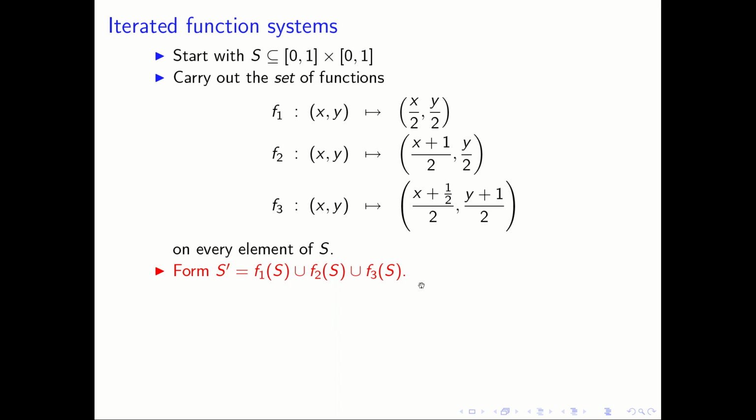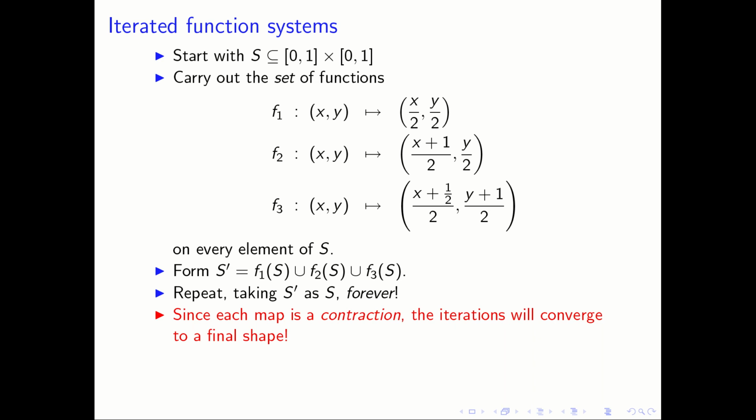If you follow the mathematics, this is simply saying exactly what we said by pictures in the last few slides. Make 3 copies, shift them, and take them all together. That's what union really means. Now this is your new set, which I'm calling S prime, but then you just keep on repeating this by replacing S by S prime. And you keep on doing this over and over again. This is what an iterated function system is.